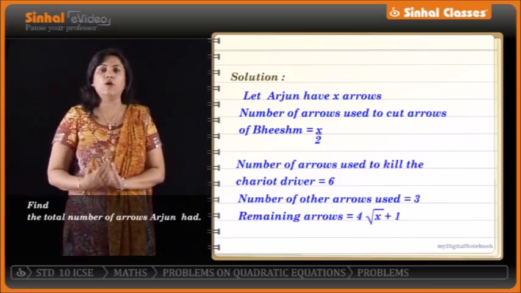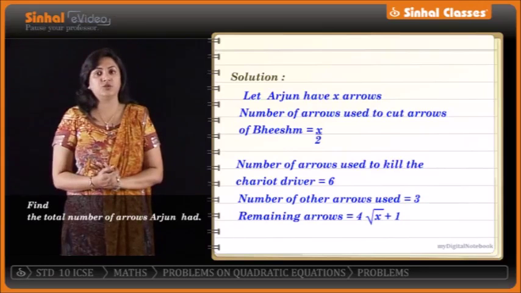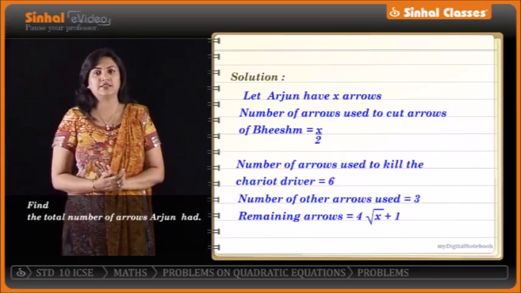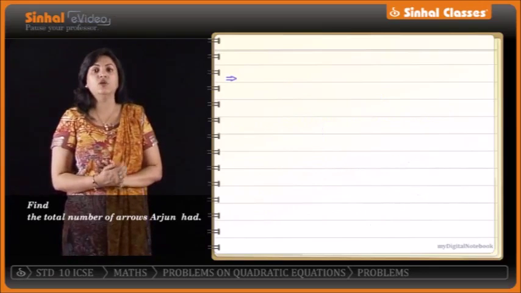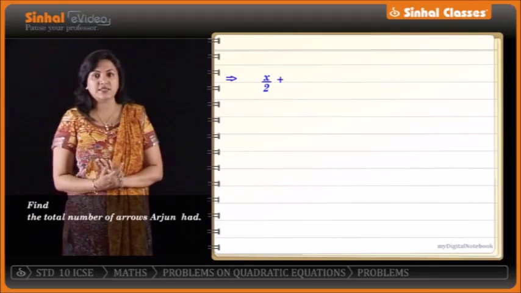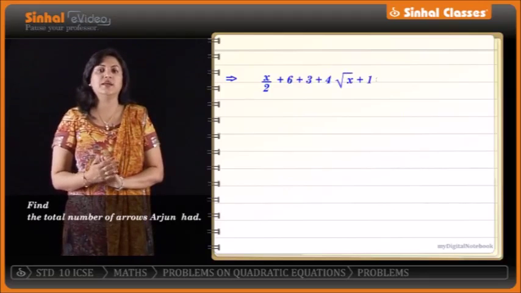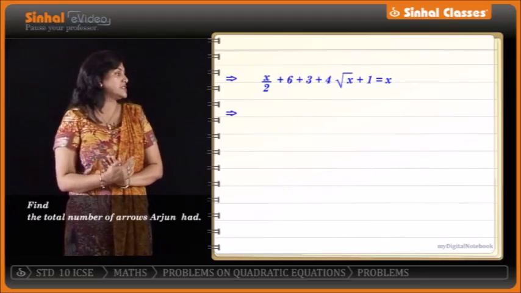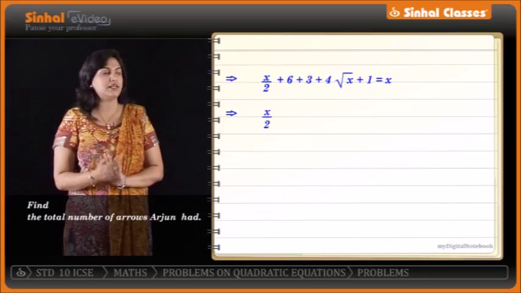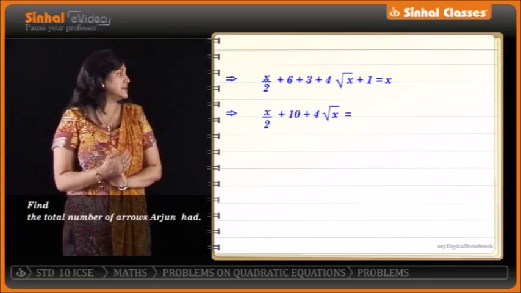Now, the sum of all this will give us the total number of arrows Arjun had, which is x. So we write the equation as x by 2 plus 6 plus 3 plus 4 root x plus 1 is equal to x. Now simplify: x by 2 plus 10 plus 4 root x is equal to x.